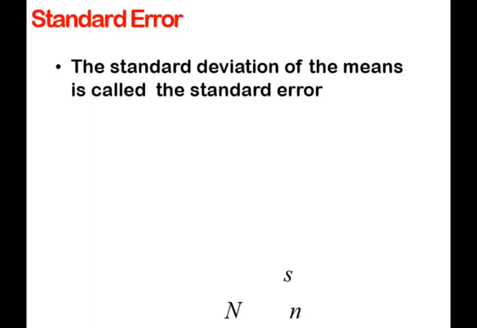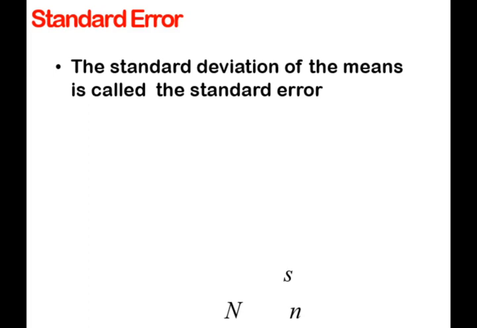A standard error is essentially the standard deviation of the means. But what does it mean? What does the standard deviation of the means mean? Because the standard deviation itself is a deviation from the mean, right?